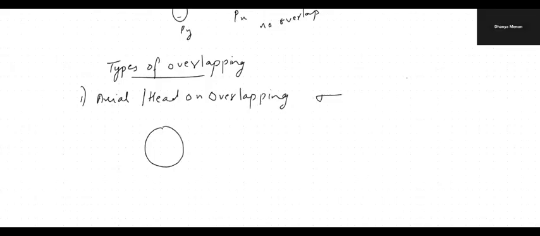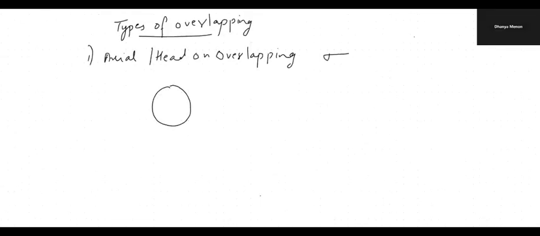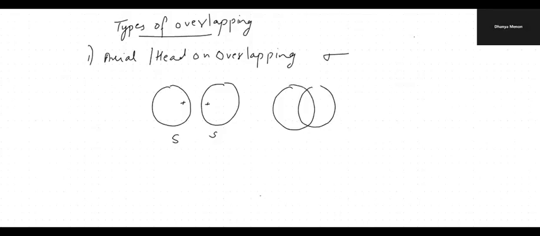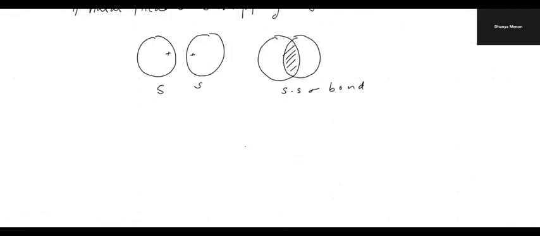So this is one s orbital, this is another s orbital. They can overlap head-on to form an ss sigma bond. So this is head-on overlapping. It's not sidewise. It results in the formation of a single sigma bond.